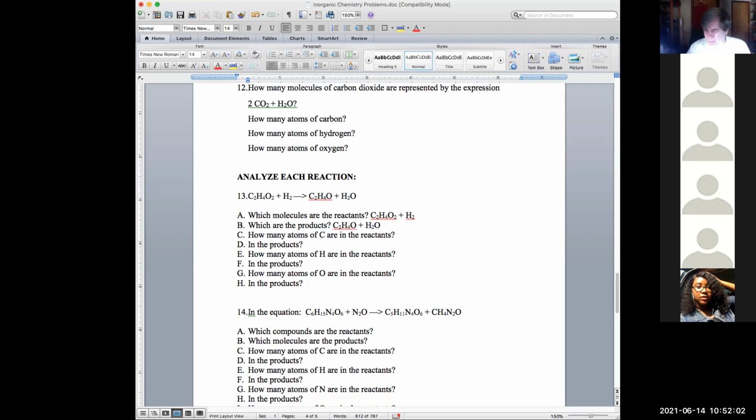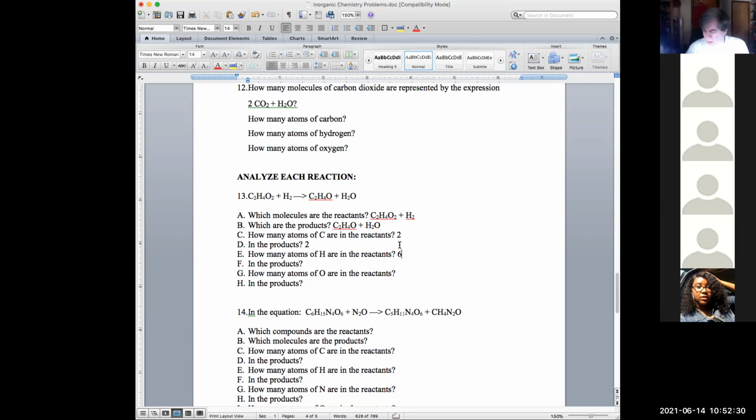How many atoms of carbon in the reactants? And notice this is, in a sense, similar to the problems up above this. Okay, so there's 2 carbons in C2H4O2. How many are there in the products? Also 2. How many atoms of hydrogen in the reactants? Well, there's 4 in the first reactant, but then there's 2 more here.